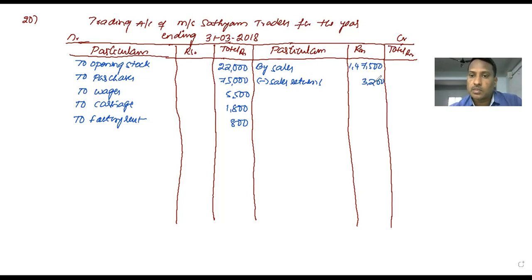The remaining is 1,44,300. One more we have to record on the credit side: closing stock. As per the question, the value of closing stock is 34,500.